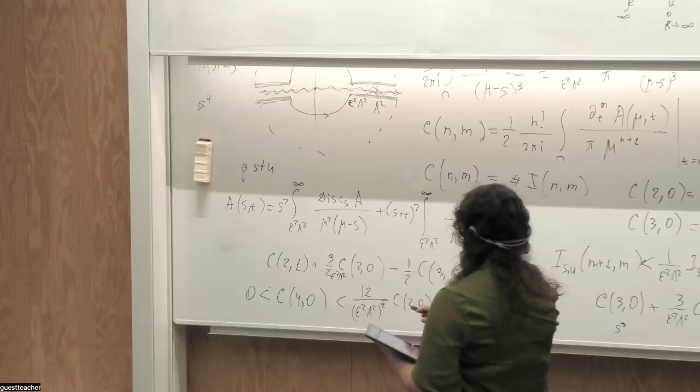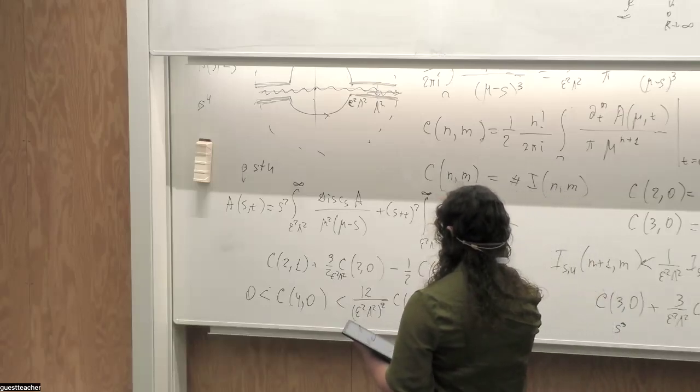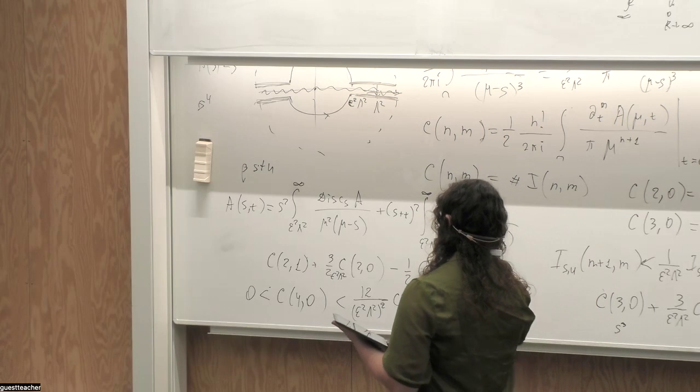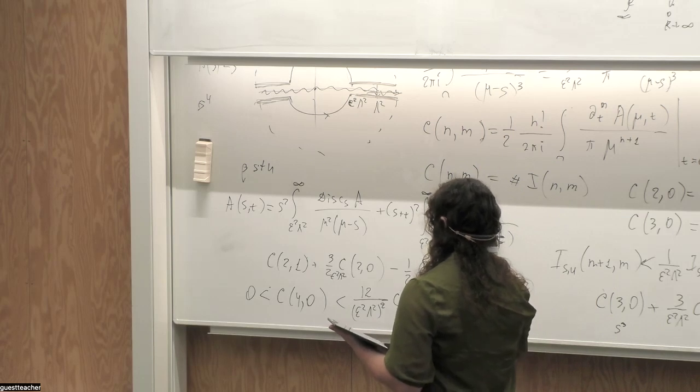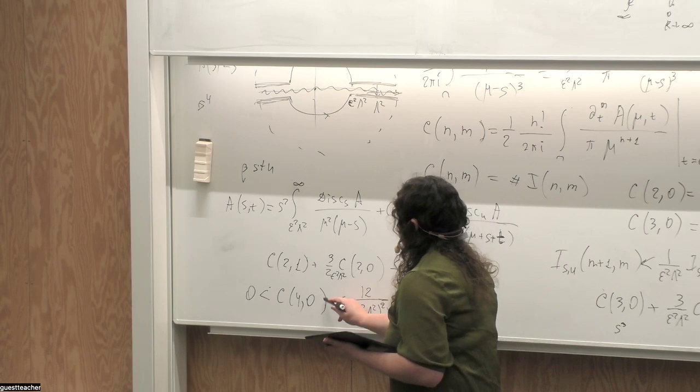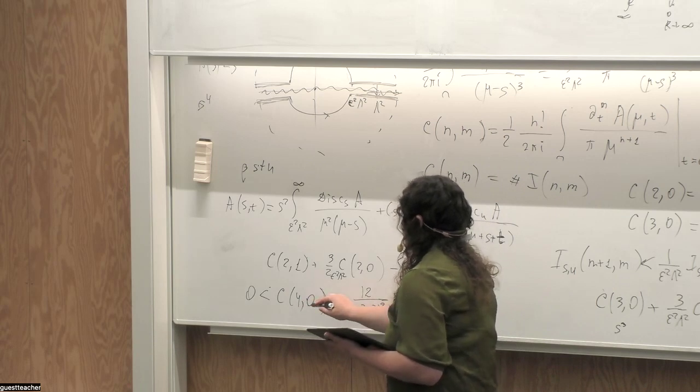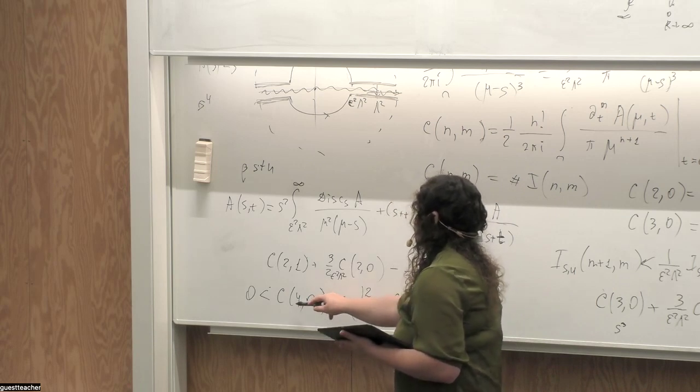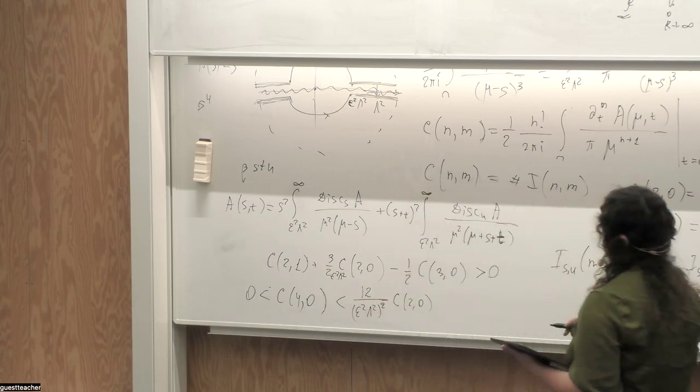So apparently one can obtain this bound simply by taking C to 0 and noticing that, in principle, I can do minus 1/12 of C for 0 and still get something positive.